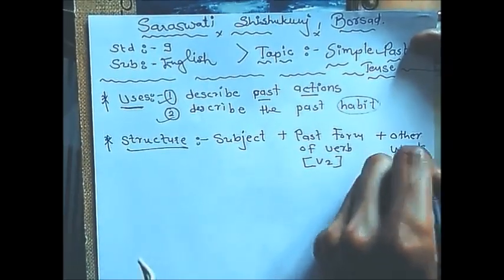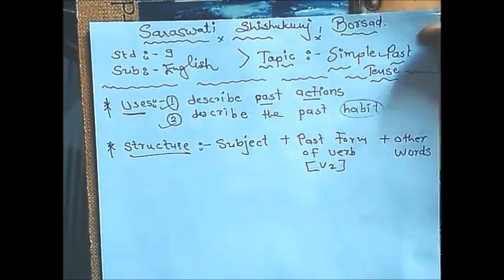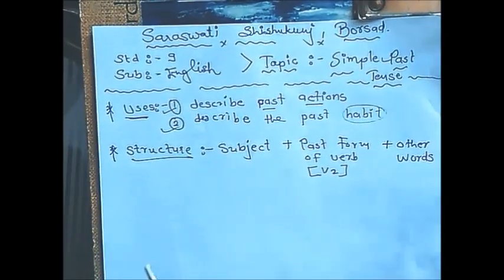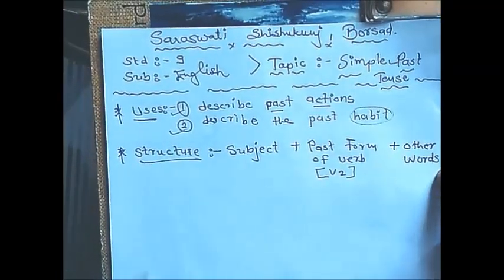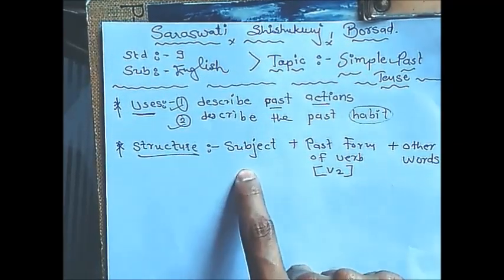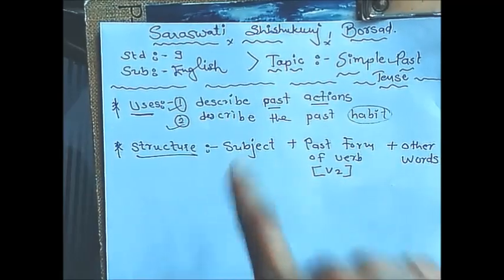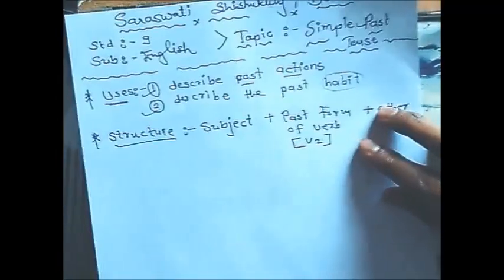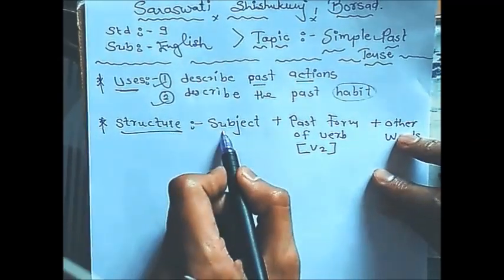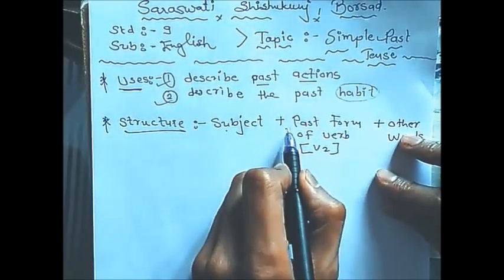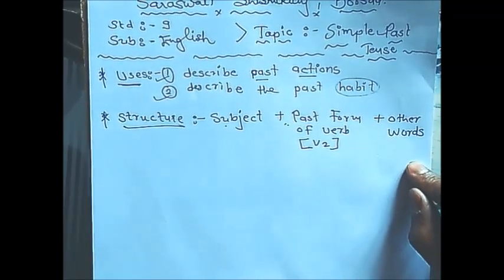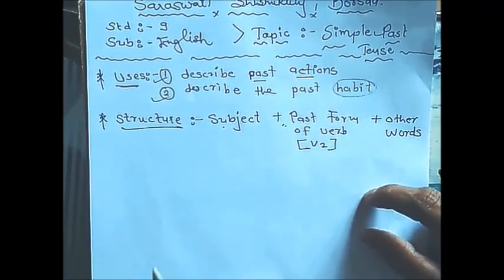Other words means words that suggest this is of this tense, like yesterday, last night, last evening, etc. So again, whatever your subject, whether it is I, you, he, she, it, along with those you always have to write the past form of the verb, and then after that you have to write the other words.